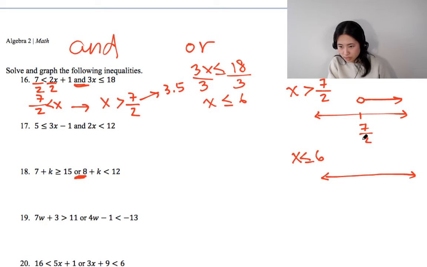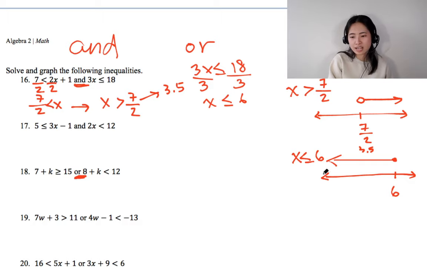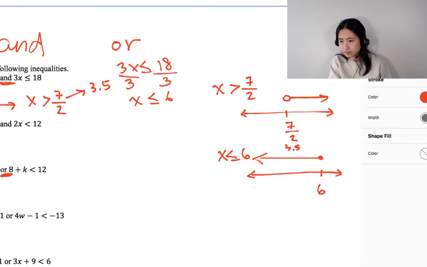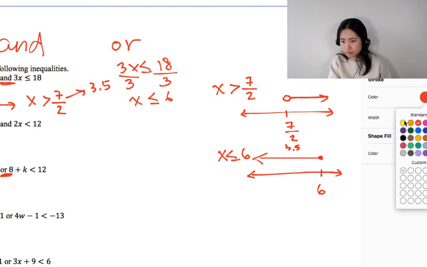So 6, because this is 3.5, this is basically where 6 is, right? So 6 needs to be included, and then it's less than. Does that make sense, guys? So it's less than or equal to 6. As you can see, this is the overlap that we're seeing.